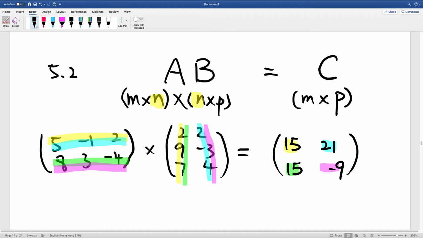After you know how to input the matrices, you can find the answer.